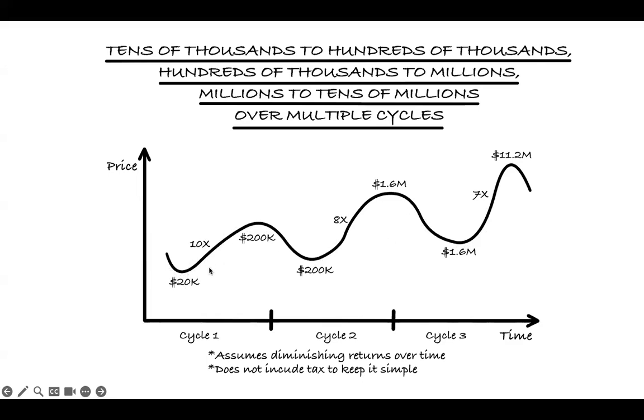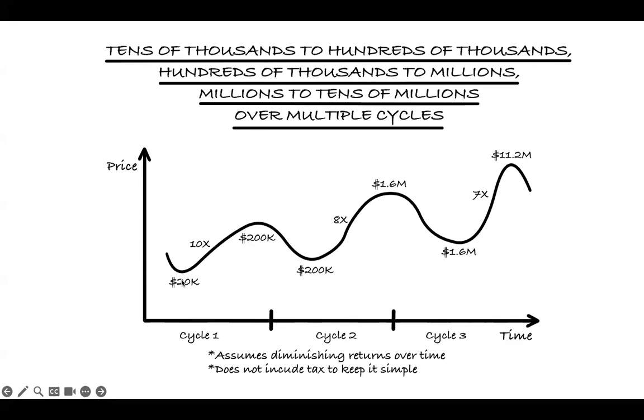But this is a prime example of how over multiple cycles, just through the power of patience and holding on, people that made exponential gains in 2017, if they didn't exit the market then, and then they stayed in there till 2021, made continued gains as it went up to 70,000 US dollars, and where we're potentially going to head now towards the end of 2025. So this is how the benefit of quite simply just holding on to your Bitcoin over multiple cycles can have a massive, massive effect over time to the overall money that you will end up with.